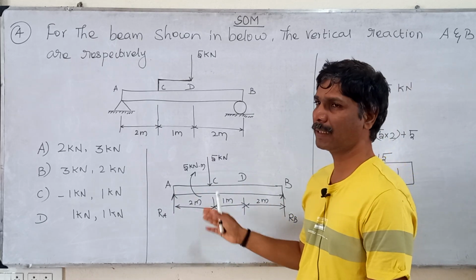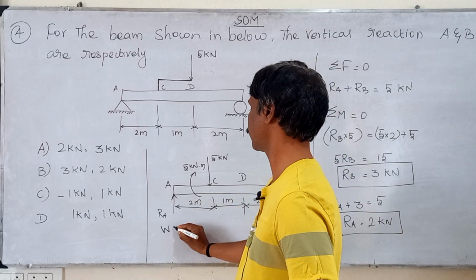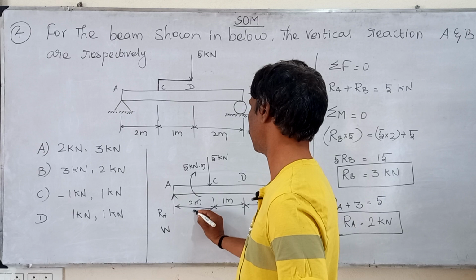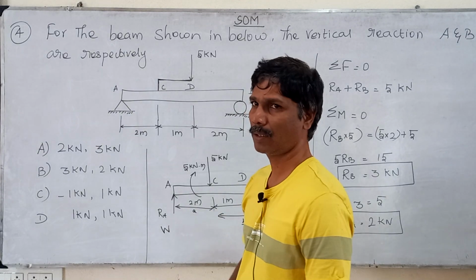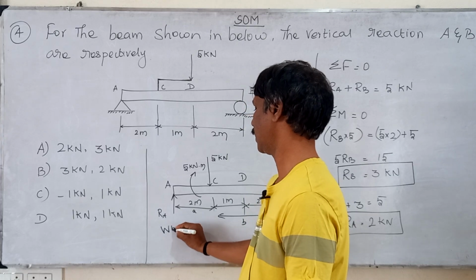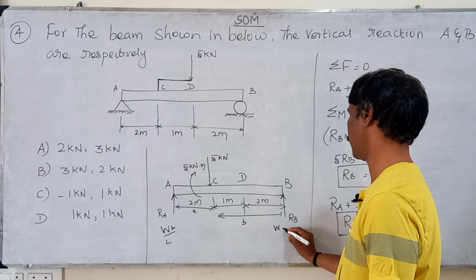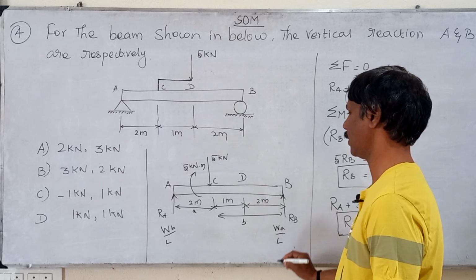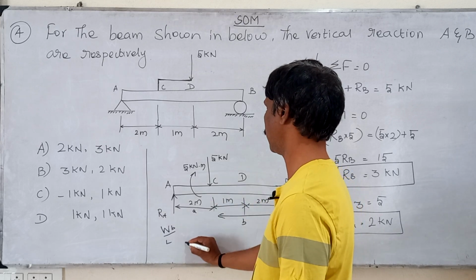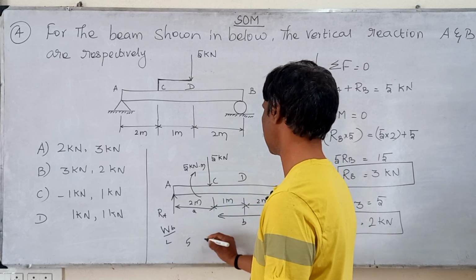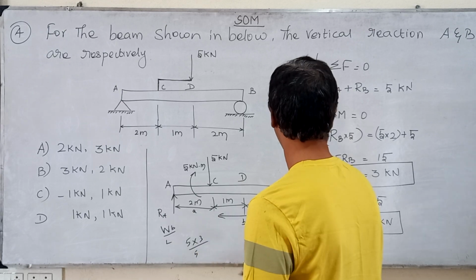So to find the reaction, we can use this formula directly. This is A, this one is B. So here W B by L, here W A by L. So W is 5, B is 3, L is 5.